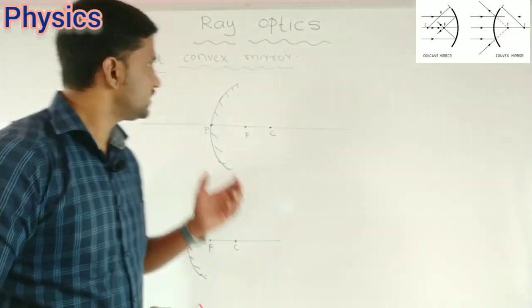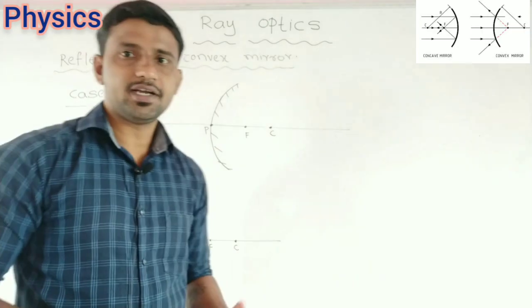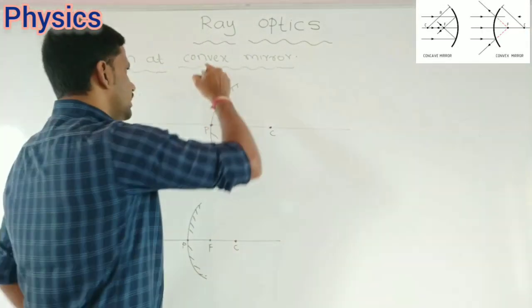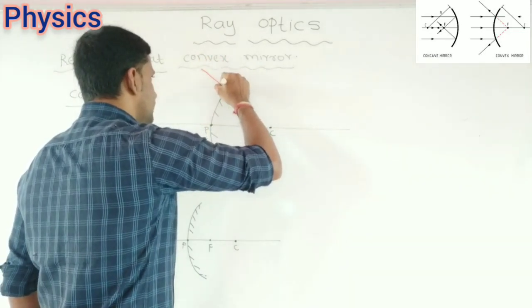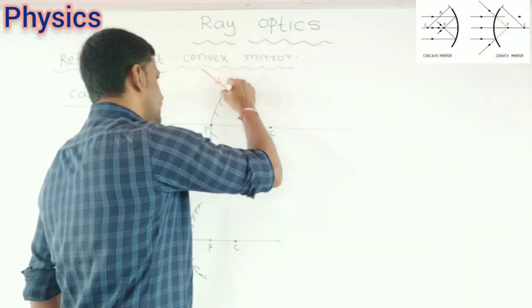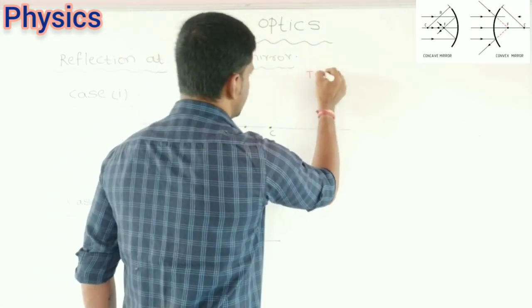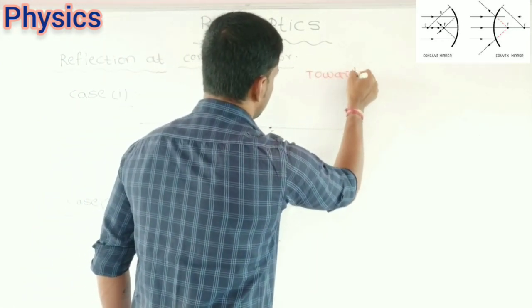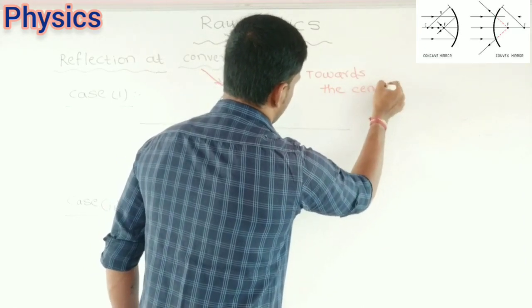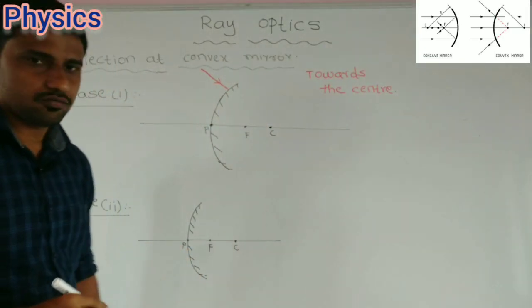Now let us see reflection at a convex mirror in two different cases. The first case is, suppose I incident a ray of light towards the center of the convex mirror.